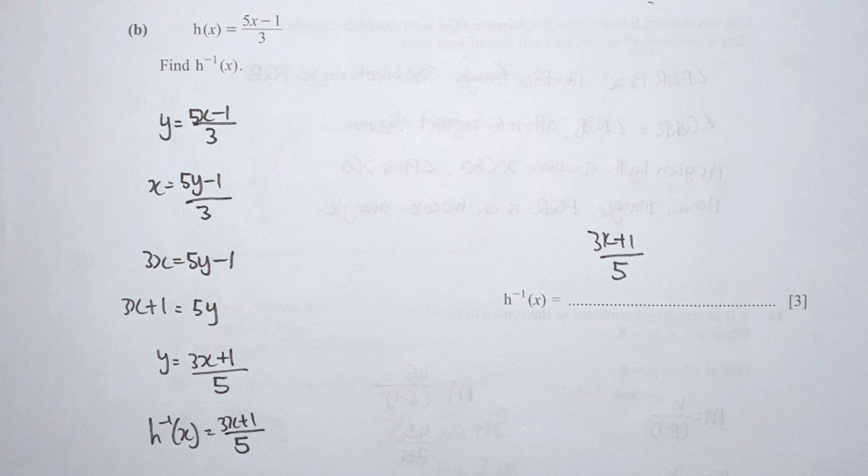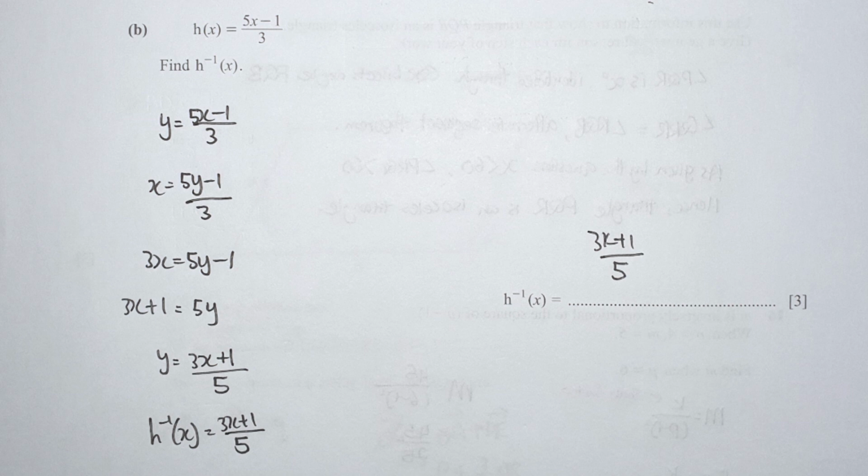As for part B, I'm using the simple 3 steps here. As per usual, I will copy down h(x) equals 5x minus 1 over 3. I then remove the h(x) and replace it with y. So now we have y equals 5x minus 1 over 3, and then I swap their position.